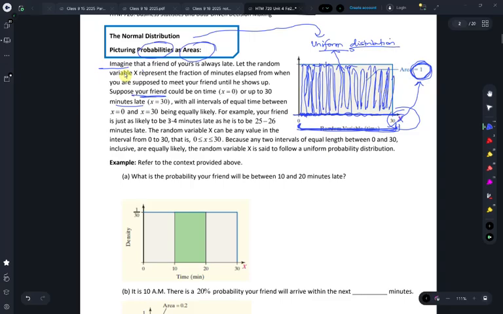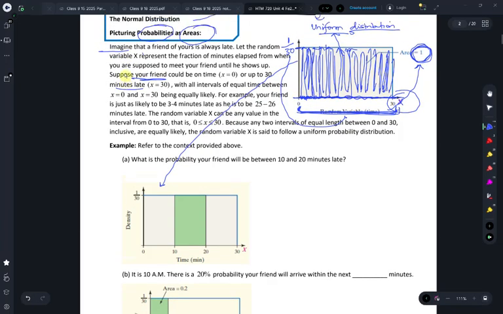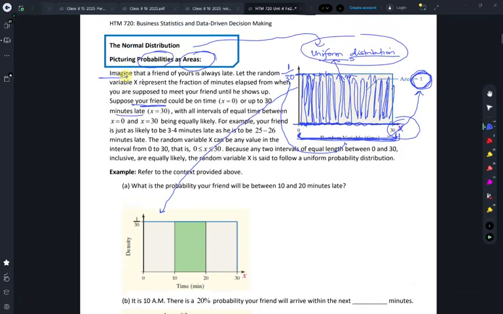So each of these lines is almost as though they are sharing the total probability of 1 divided by this span of 30. So each of these lines must be 1 over 30 units high. I'm going to pull that picture here and see how we can use this to answer some questions based on the uniform distribution.